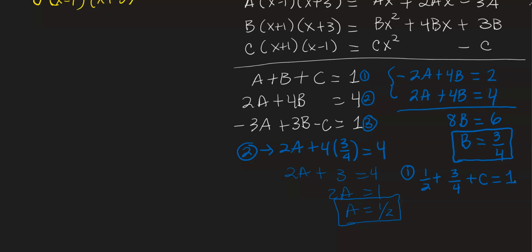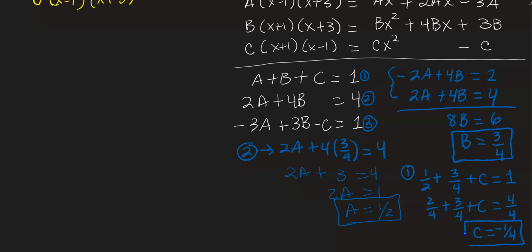Okay, so I'm going to write 1/2 as 2/4 plus 3/4 plus C is equal to 4/4. So C will have to be negative 1/4.